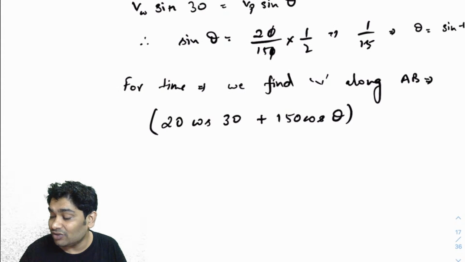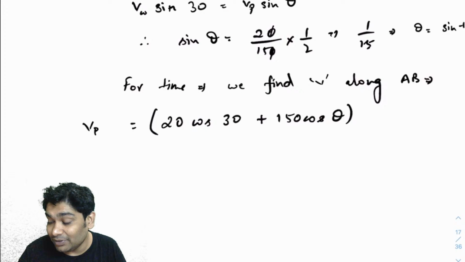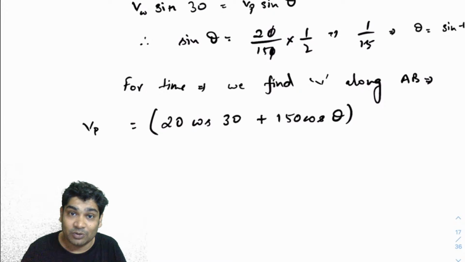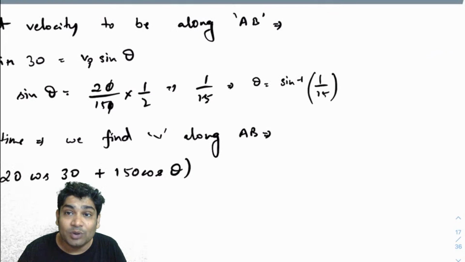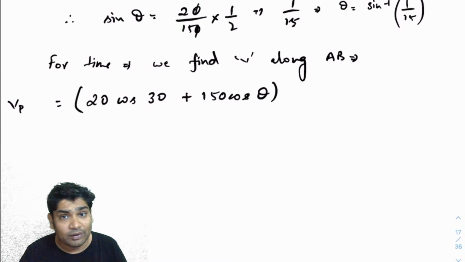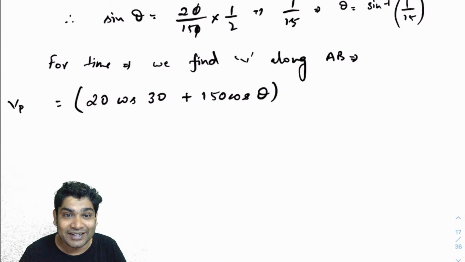Alright, so this will be the velocity along AB, or this will be the velocity of the plane with respect to ground, the final velocity of the plane with respect to ground. Alright, so you already know sine of theta. You can calculate cos of theta, root of 1 minus sine square theta.